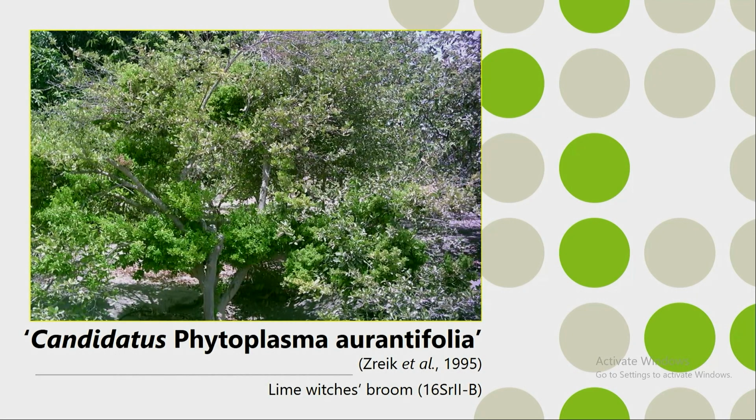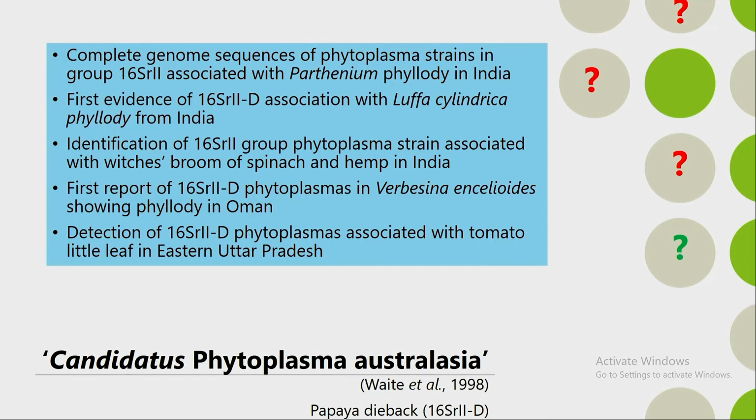So this is for Candidatus Phytoplasma aurantifolia, mainly lime witches' broom, and it is a subgroup, historically the one described is ribosomal subgroup 2B. While for the Candidatus australasia, it was described a few years later in New Zealand for papaya dieback. As you can see here is 16SrII-D group.